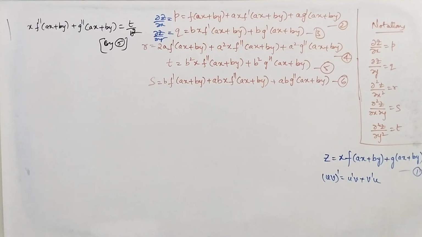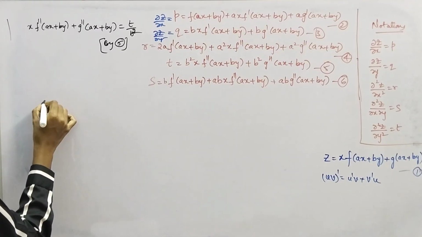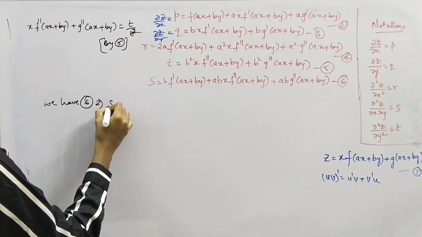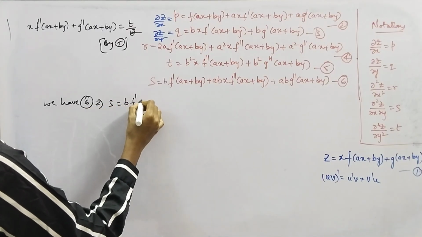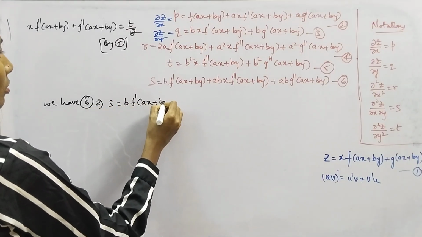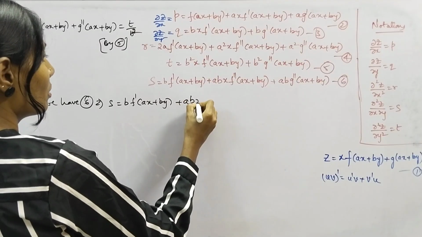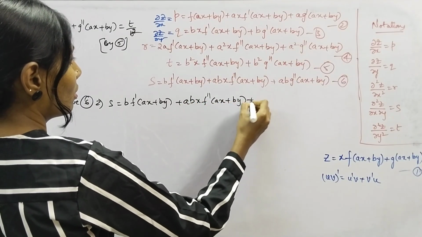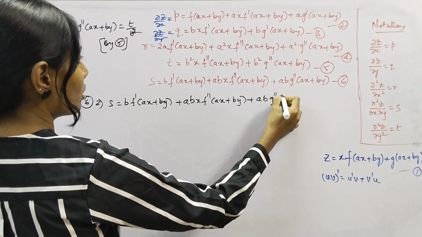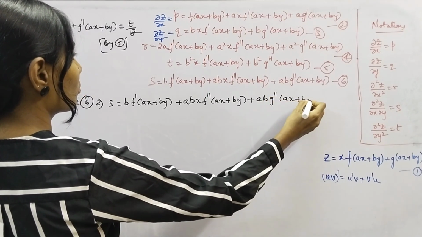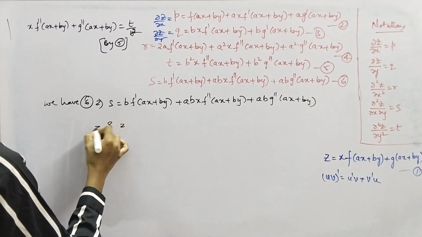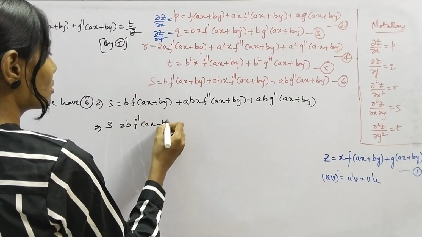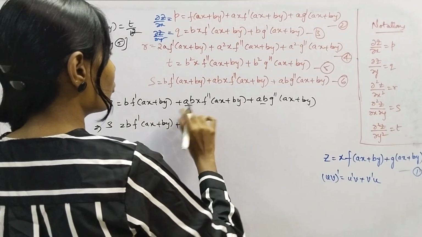We have equation 6. That is s equal to b into f dash of ax plus by plus ab x into f double dash of ax plus by plus ab into g double dash of ax plus by, right? Now I'm writing the first term as it is. Let's take ab common from these two terms.